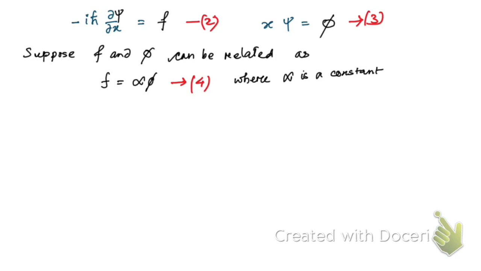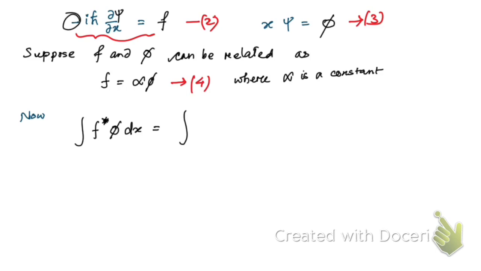So now, from this, consider the integral of f star, which represents the complex conjugate of f, times phi dx. Here f star is the complex conjugate, which can be written this way.